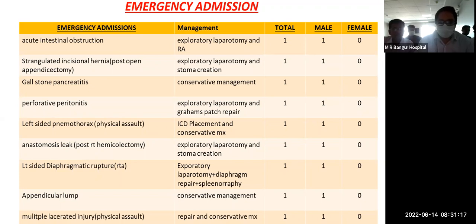Anastomotic leak, patient who had undergone right hemicolectomy, exploratory laparotomy and stoma creation was done. Left-sided diaphragmatic rupture post RTA, exploratory laparotomy plus diaphragm repair and splenography was done. Appendicular lump, conservative management, and patient with multiple lacerated injuries, repair was done and conservative management was given.